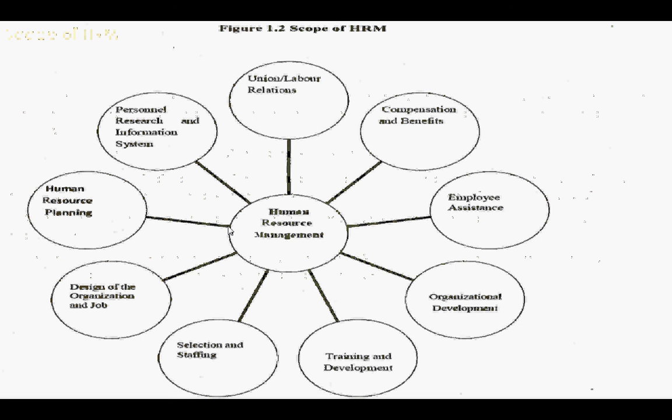With this chart we can understand the scope of human resource management: the union labor relations, compensation and benefits, employee assistance, organizational development, training and development, selection and staffing, design of the organization and job, human resource planning, personal research and information system.